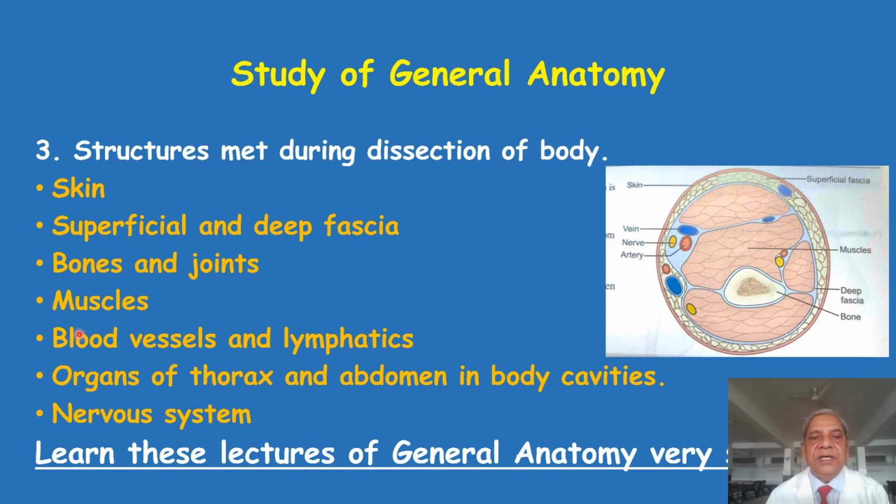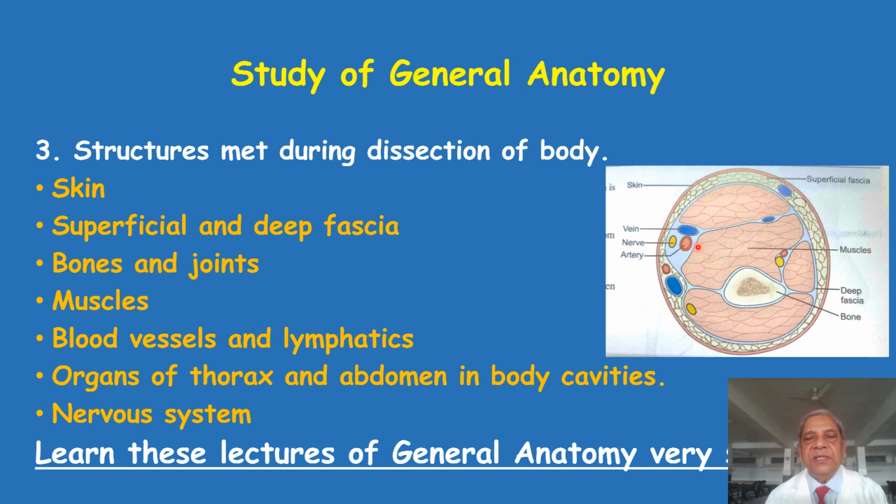All general aspects. Then you will be taught about the blood vessels, that means arteries and veins, their classification and general aspects, and then the lymphatics, which carry the lymph to the lymph nodes. Then you will also be taught very superficially about the cavities in the body.